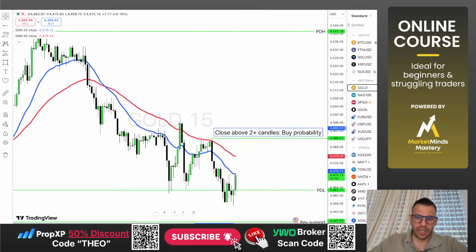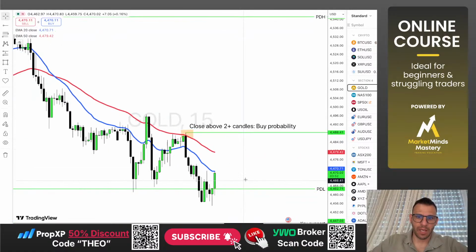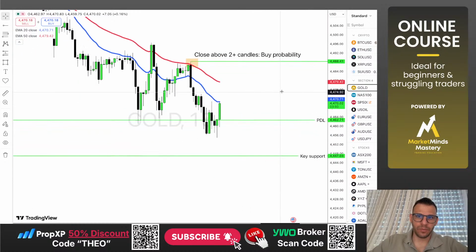So this is the key level where the market structure will potentially break here. And I say buy probability because we need the right structure to buy.